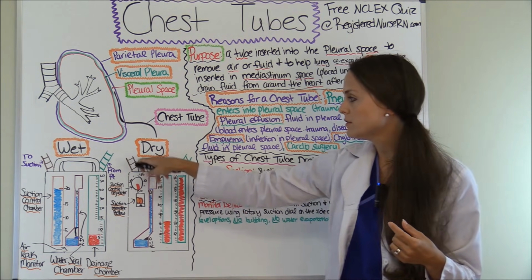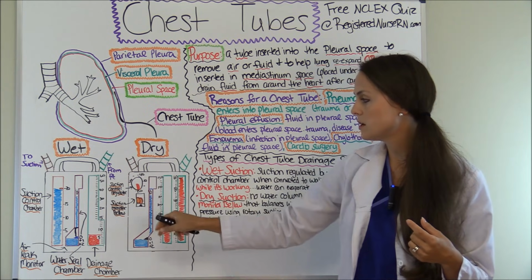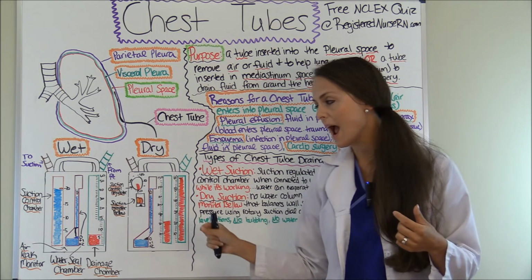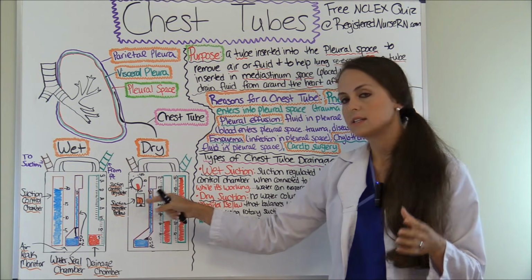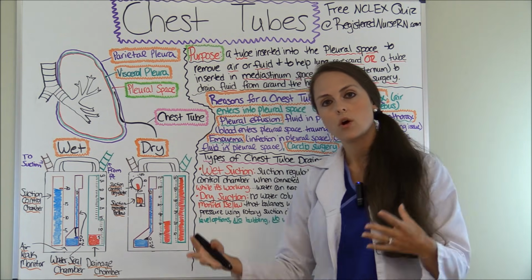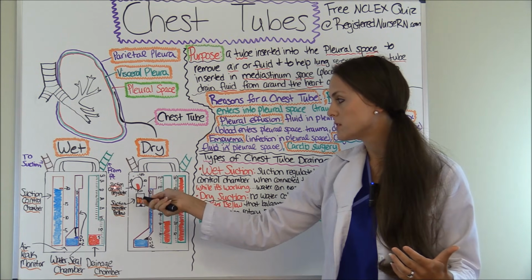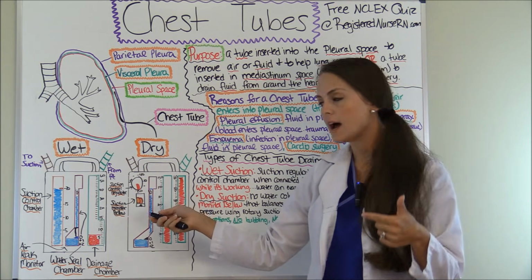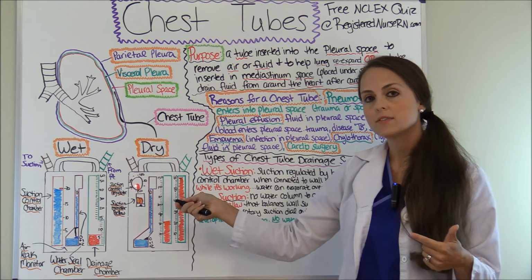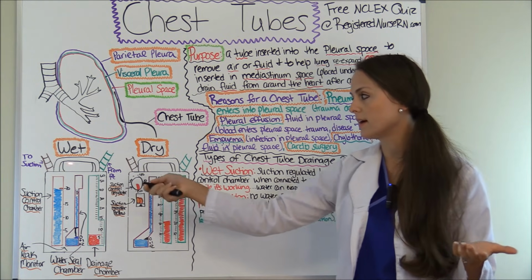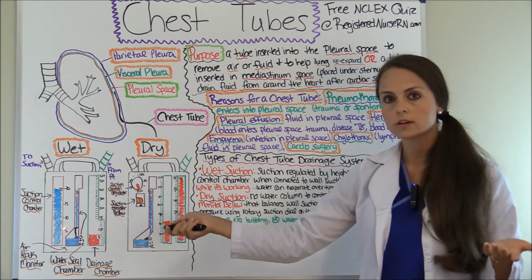Whenever you turn on the wall suction to this tube, this little orange accordion will start to expand out. You have this little triangle there that tells you once it gets to that triangle, it's regulating suction, it's good. And then here you have your suction control regulator, with a little dial on the side where you can set the prescribed suction of whatever the physician orders. Here it's set on negative 20, like how it would be over there in the water suction.